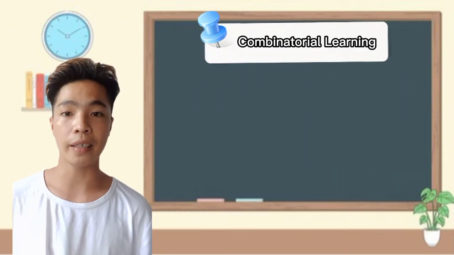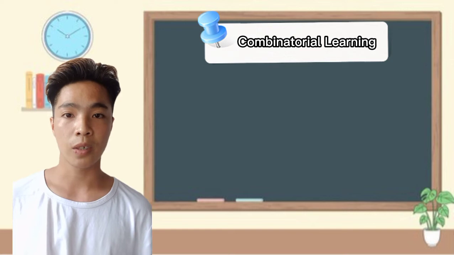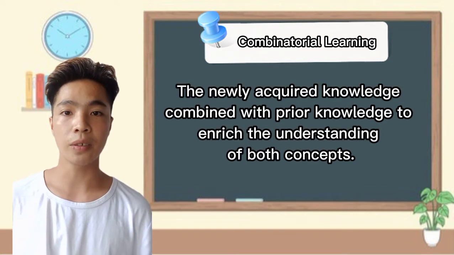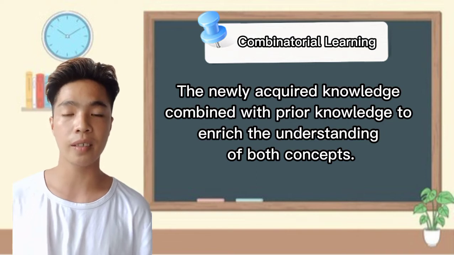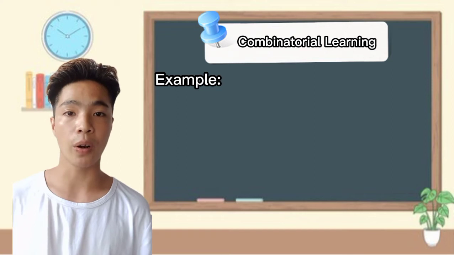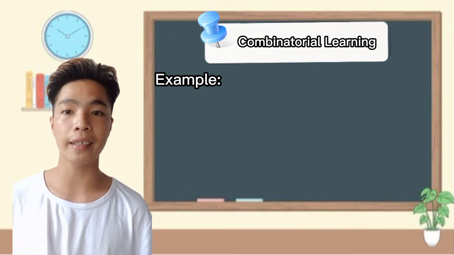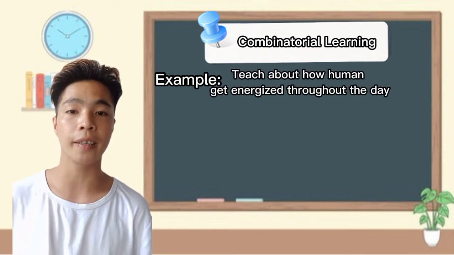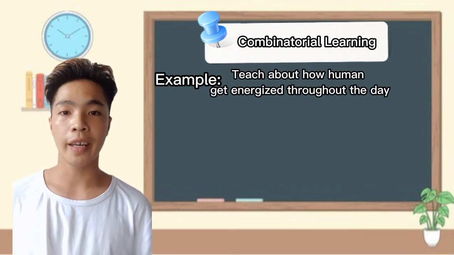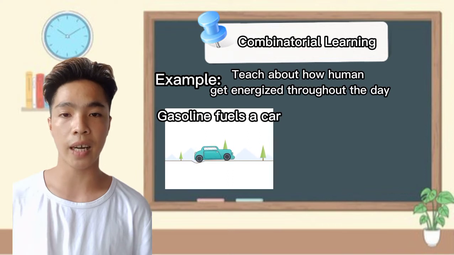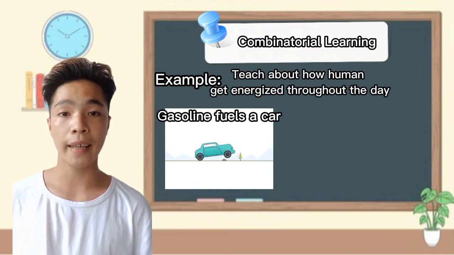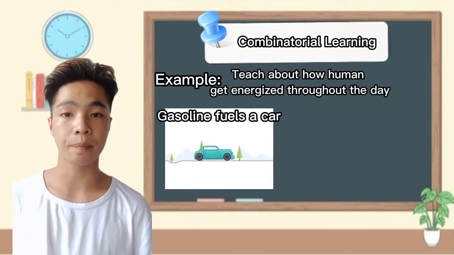And the last part of the process for meaningful learning is combinatorial learning, where the newly acquired knowledge is combined with prior knowledge to enrich the understanding of both concepts. For example, to teach about how humans get energized throughout the day, suppose he or she acquires the knowledge that because of gasoline, the car is able to move, and oxygen fuels a car.